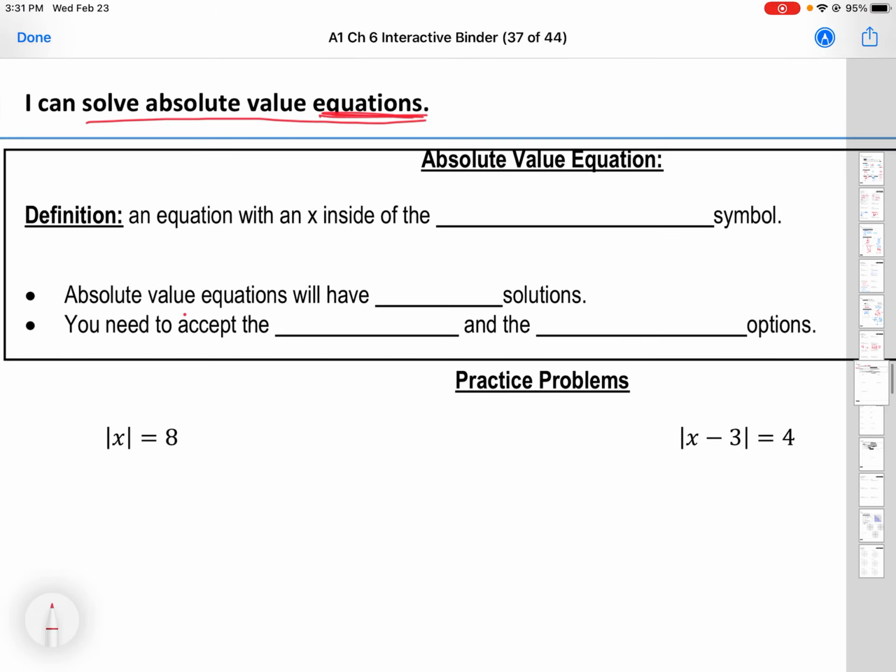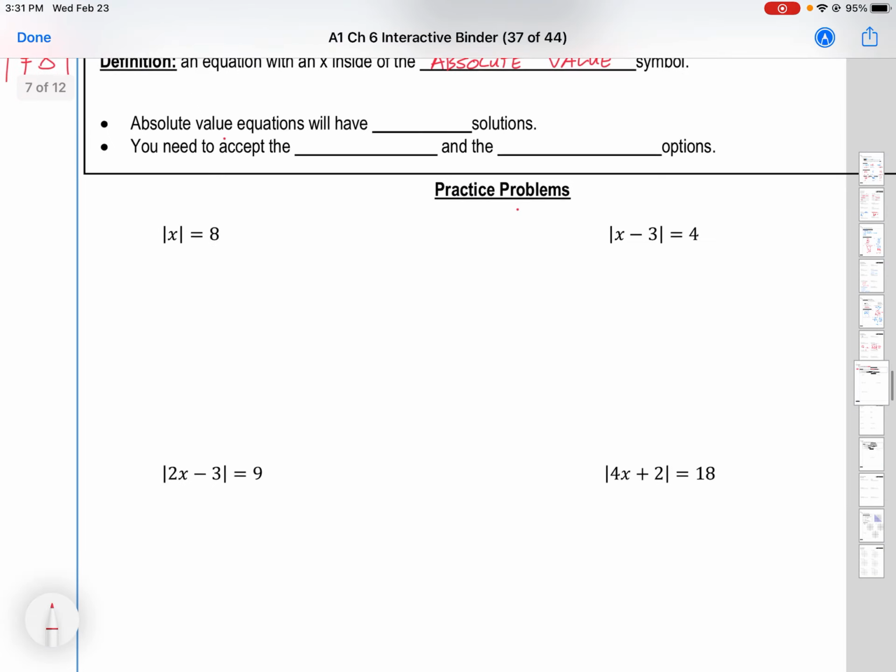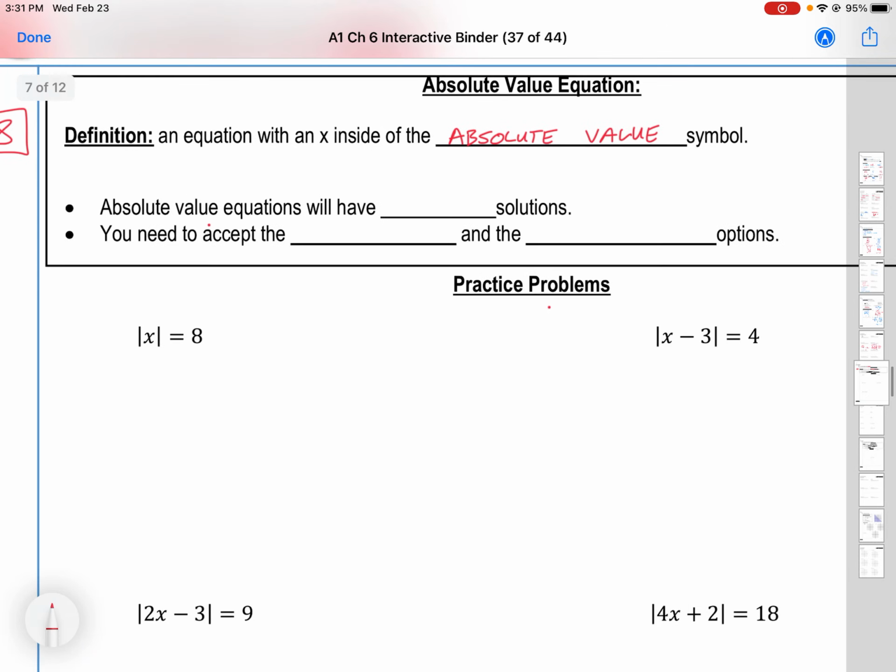So the definition of an absolute value equation, it's an equation with an x inside of the absolute value symbol. So we are going to have an x. Notice in these examples down here, there's x inside those absolute values.